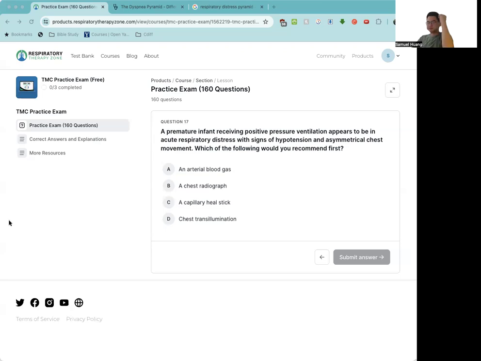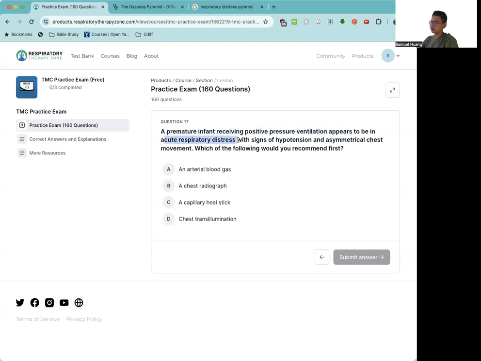I feel like chest x-ray should be good just to figure out the cause. Or if you think it's pneumothorax, which it does kind of sound like they're getting positive pressure ventilation.